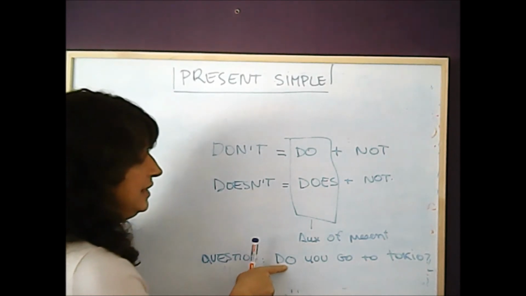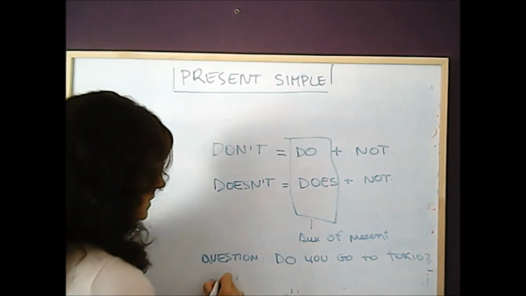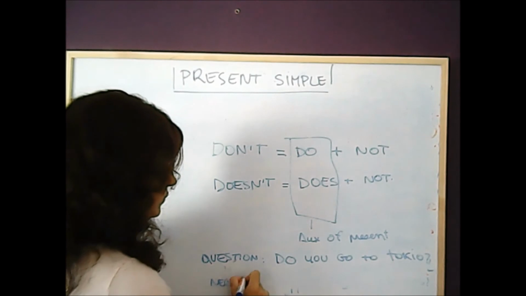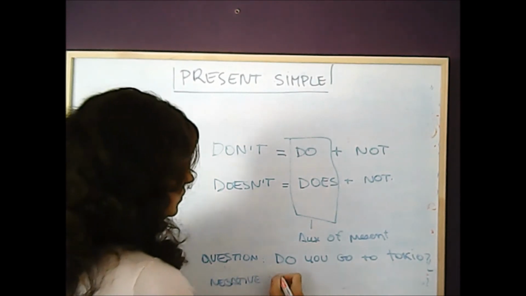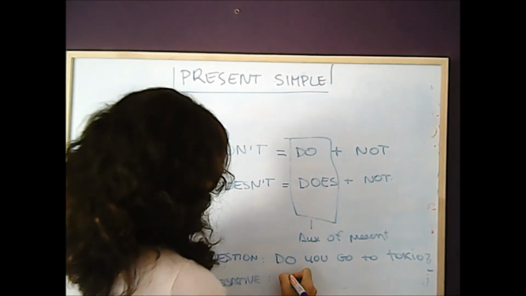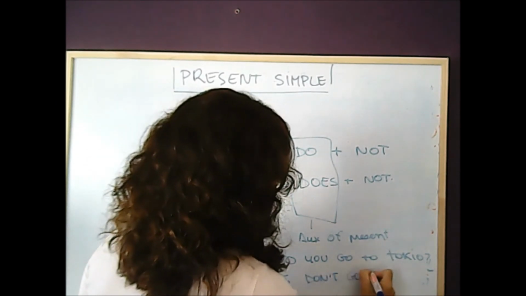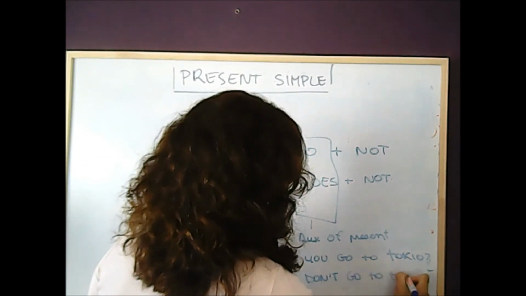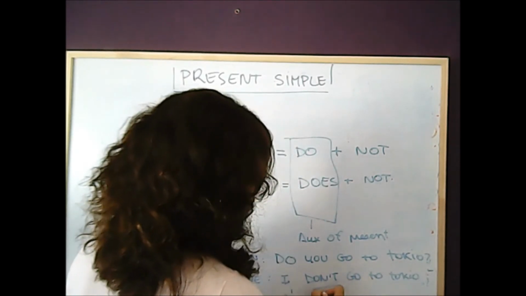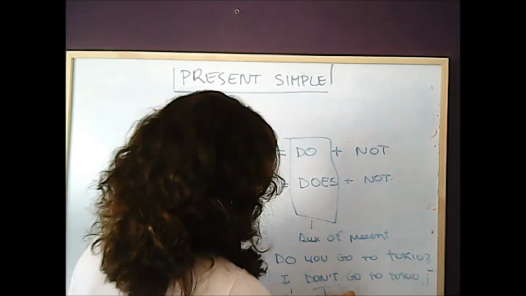We use the auxiliary. And in the negative, I don't go to Tokyo. Because don't is do plus not.